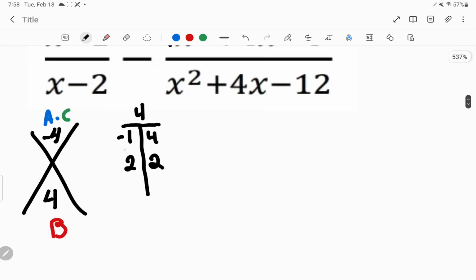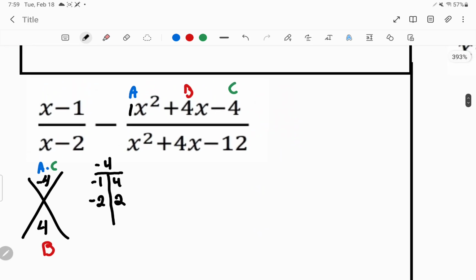I can make one of them negative, right? That would give me that negative 4 here. But if I go ahead and add them, there's no way I can get that positive 4. So this is not a factorable one. So the top one is not factorable. I think that's how you spell it, factorable.